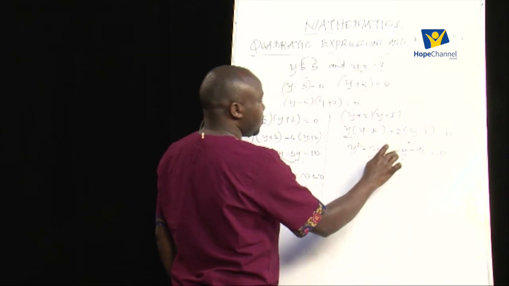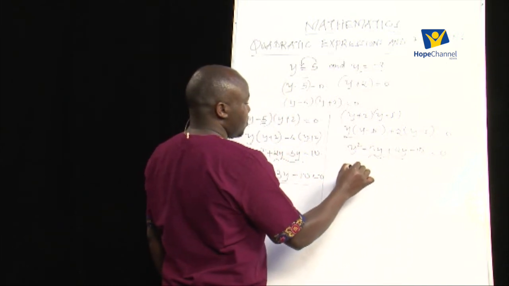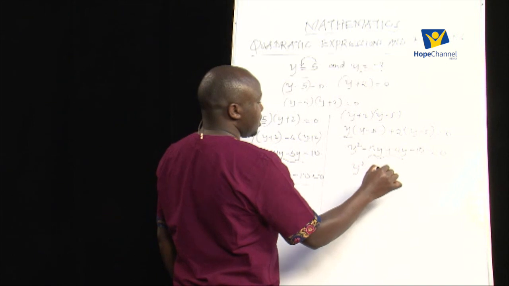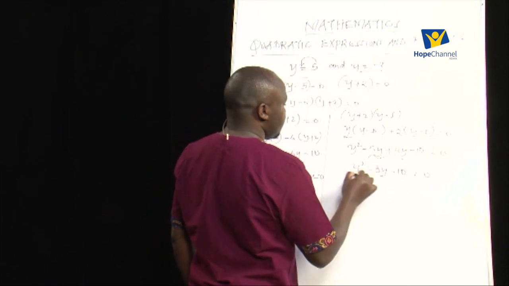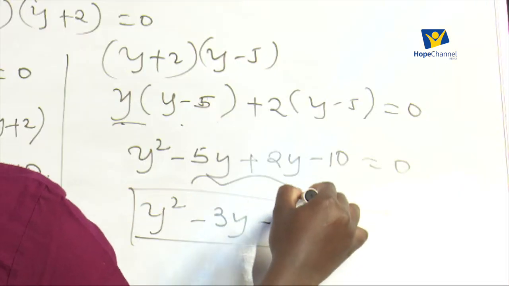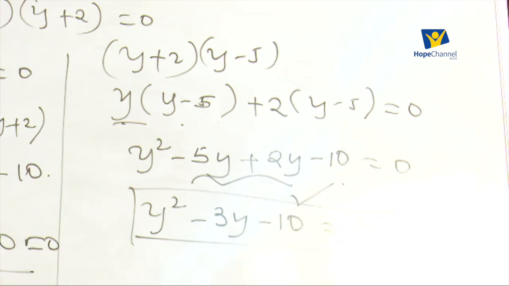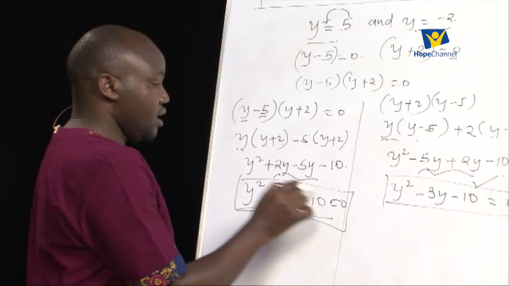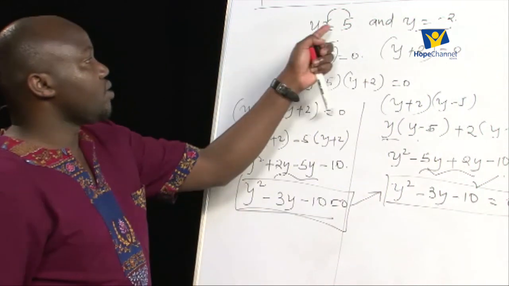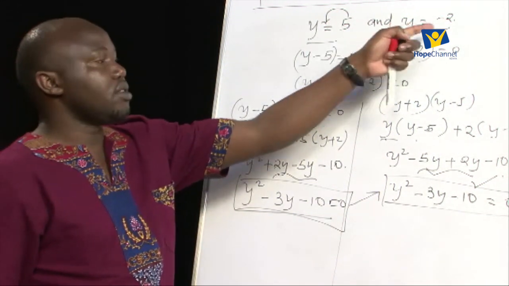Collecting terms, -5 plus 2 is -3, so y squared minus 3y minus 10 is equal to 0. So that means this was the equation that was used to obtain the roots that you were given: y is equal to +5 and y is equal to -2.